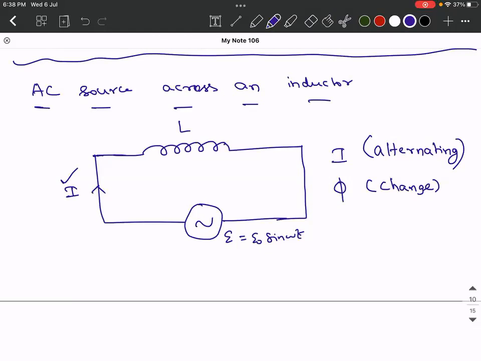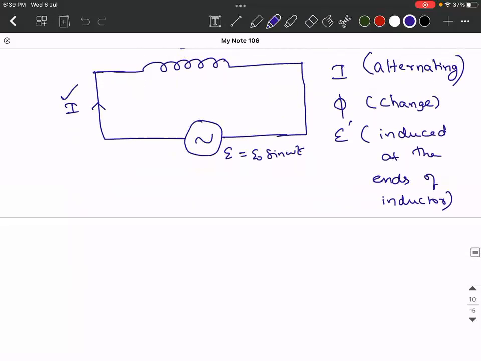When flux is changed, EMF is induced at the ends of the inductor. And what do you call this EMF? I'll call this E dash. Okay. So can I say E dash is equal to, I'll call it the back EMF.